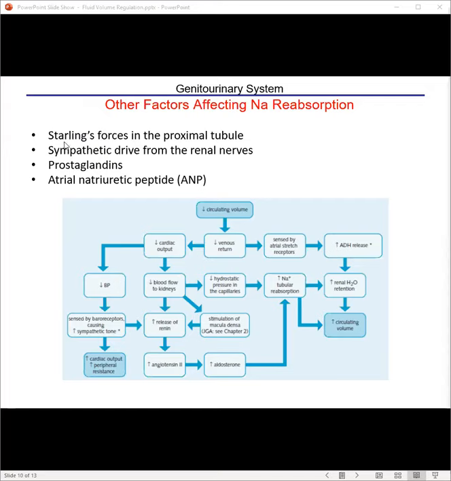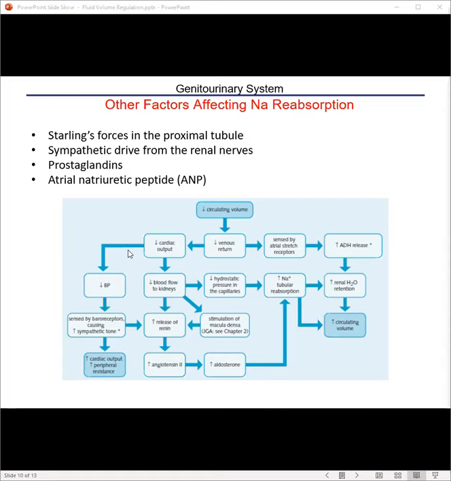So let's start with your Starling forces in the proximal tubule. The amount of sodium and water that is reabsorbed in the peritubular capillaries from the proximal tubule will depend on the rate and amount of uptake from the lateral intercellular spaces into the capillaries.